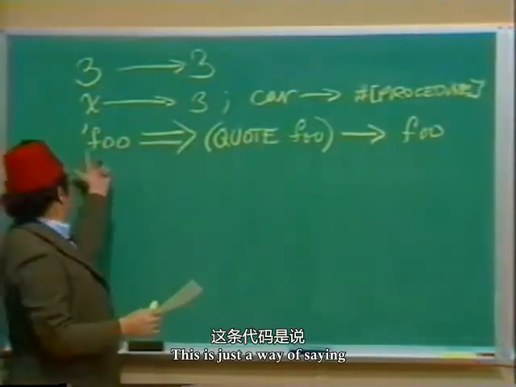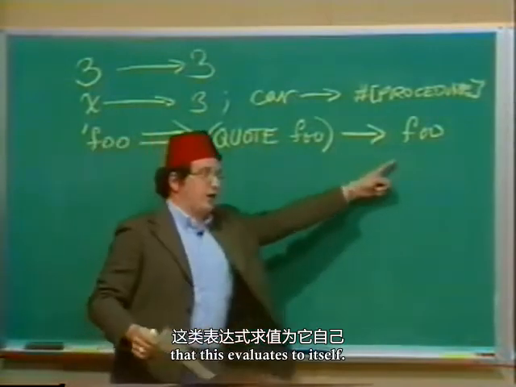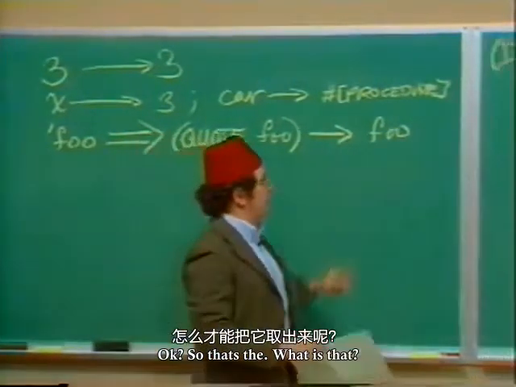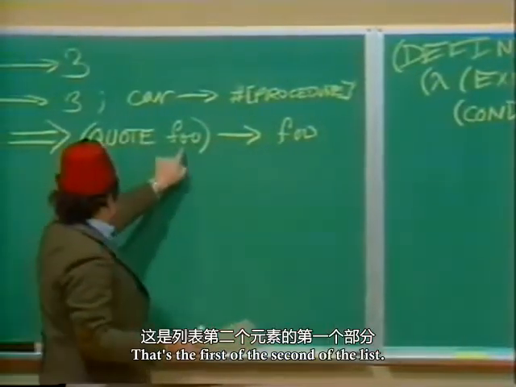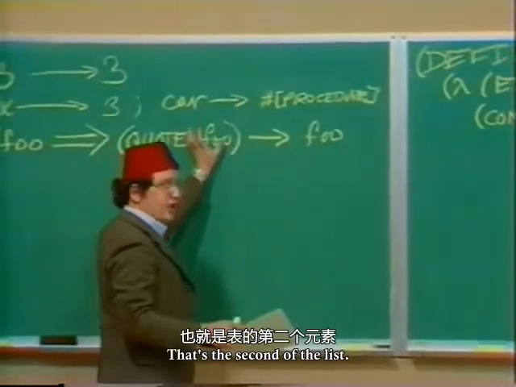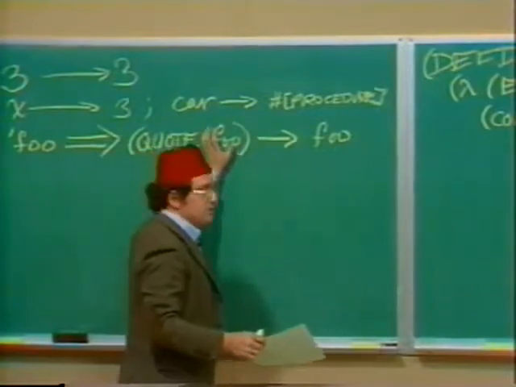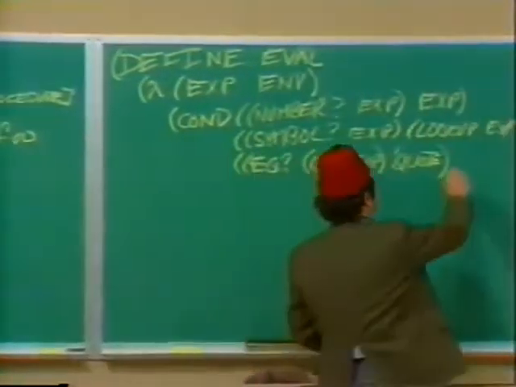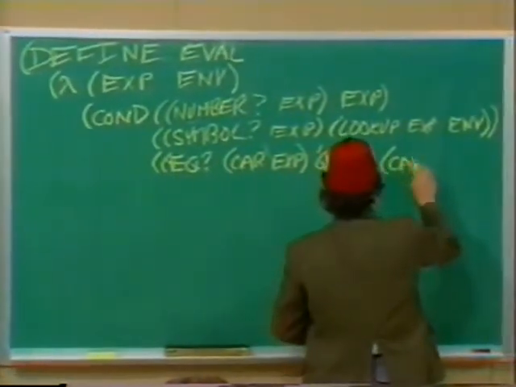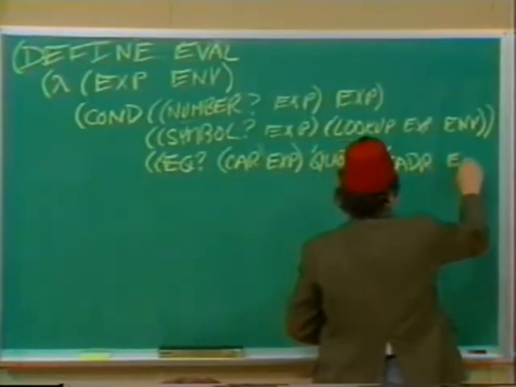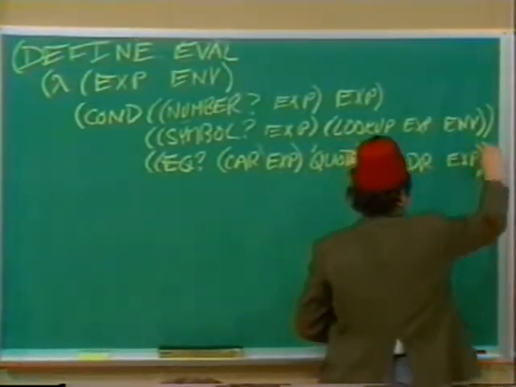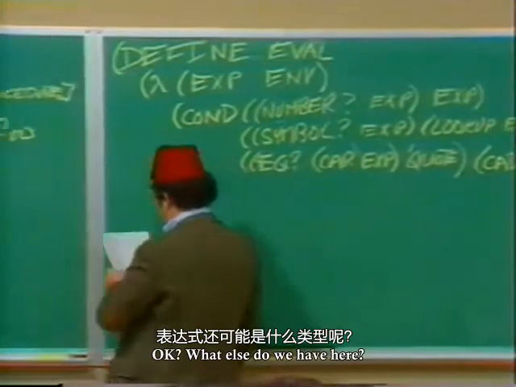This is just a way of saying that this evaluates to itself. Okay, so what is that? That's the second element of the list. But the second element of the list is its cadr. So I'm just going to write here cadr. Okay, what else do we have here?